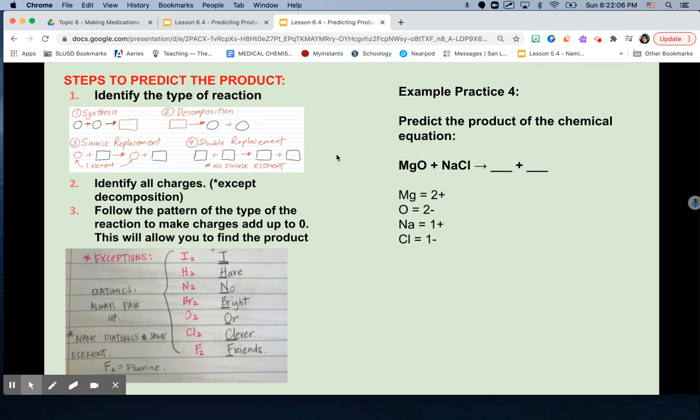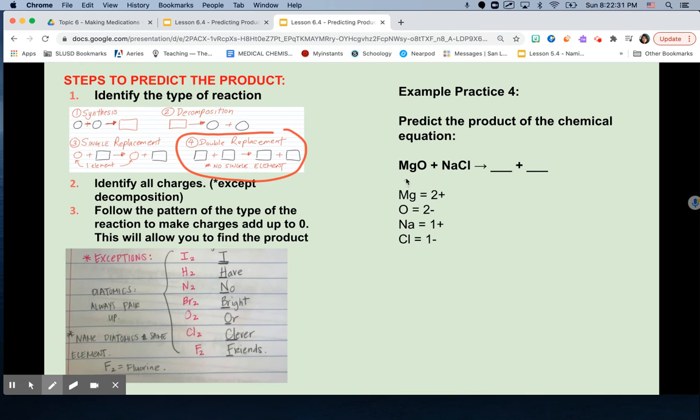So notice that this one is a double replacement reaction because I see something plus something, arrow, something plus something, and there are no single elements by themselves. Each element is bonded or hanging out with someone else.